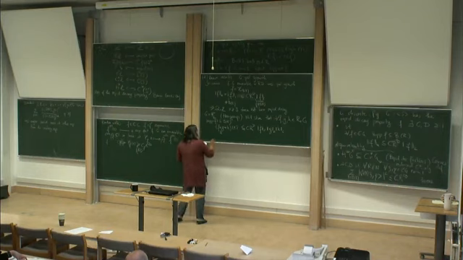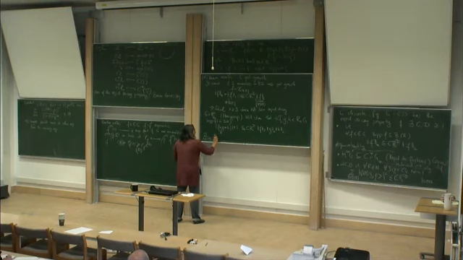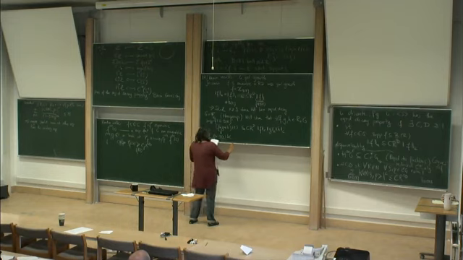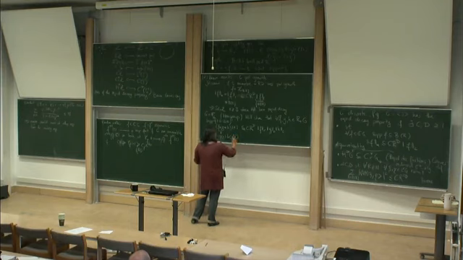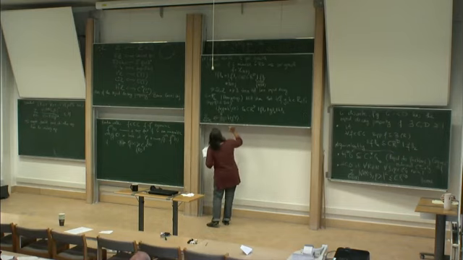If you develop that, you're going to get the sum over x, y in F2 of f of x, g of y, h of y inverse x inverse. And you're in a free group.